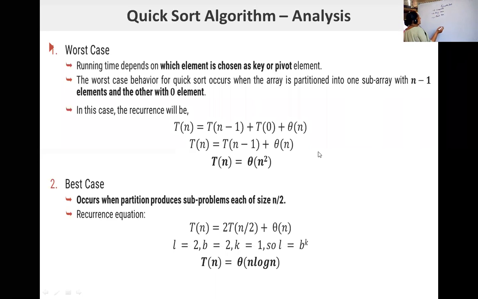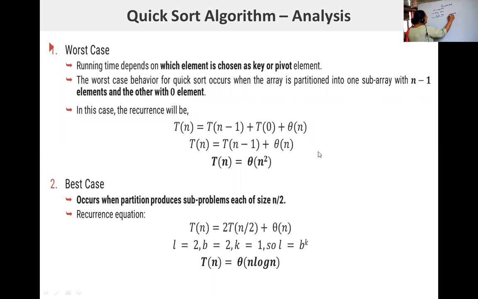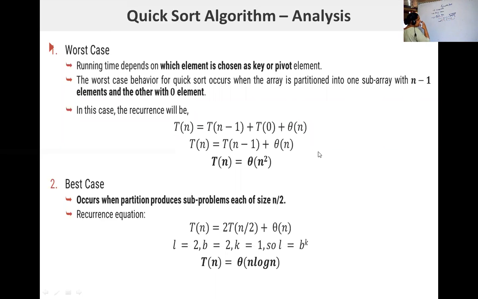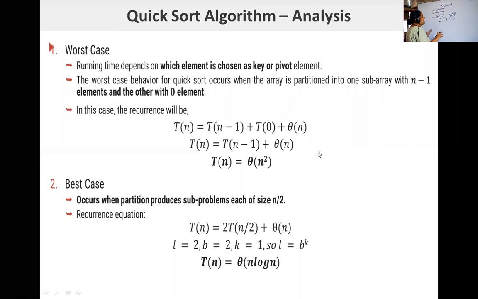What is the worst case of it? First of all, we will talk about best case only, then the worst case will be understood. Suppose in quicksort, what we will do, we take pivot element, it could be the last element. Then we find the position of pivot element, it could be somewhere in the middle. Then we will start partitioning, or we will start finding the elements either towards the left hand side and towards the right hand side. You start sorting the elements.